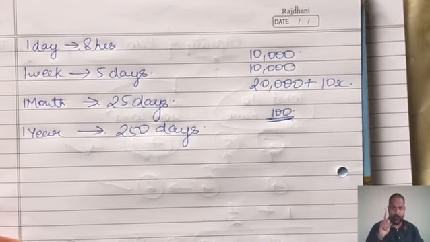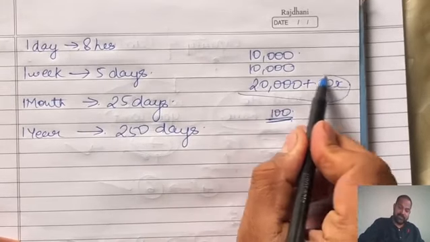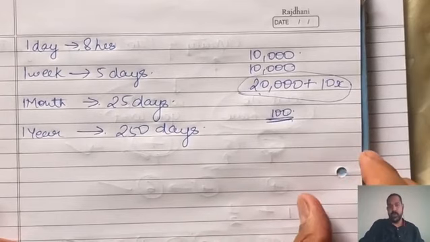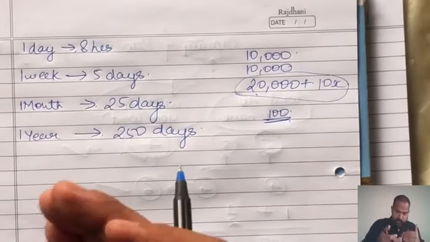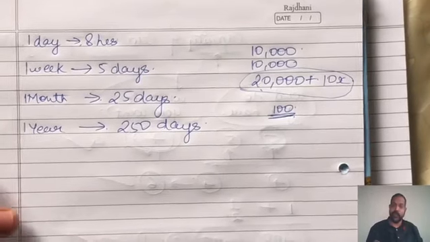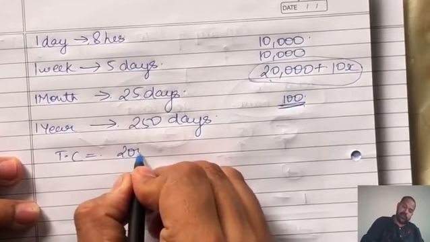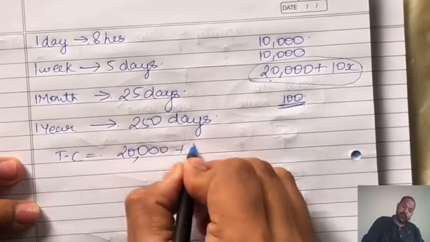Well, see, to have profit, you need to make sure that you at least cover this cost. Because with the sales, if you cover this cost, then whatever extra is profit. So what I am going to say is the total cost of production is 20,000 plus 10x.